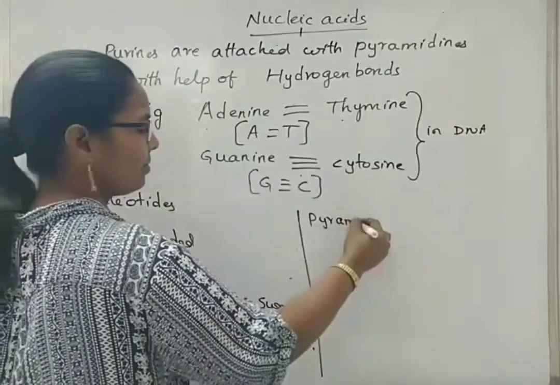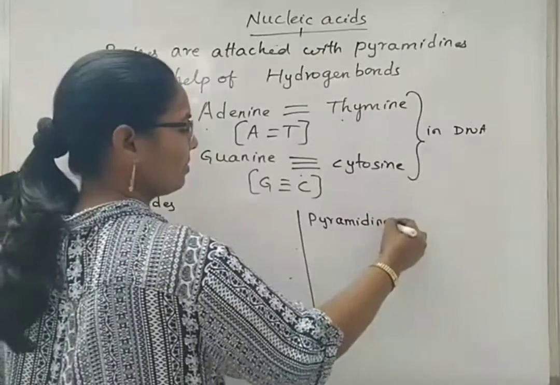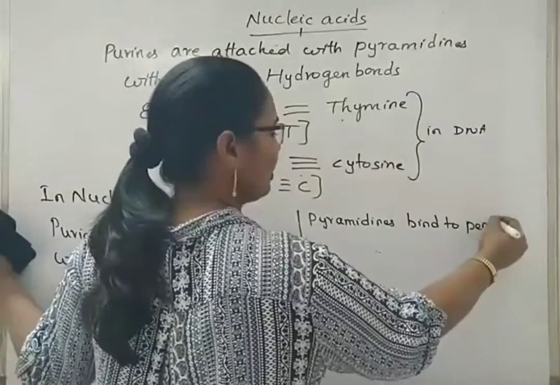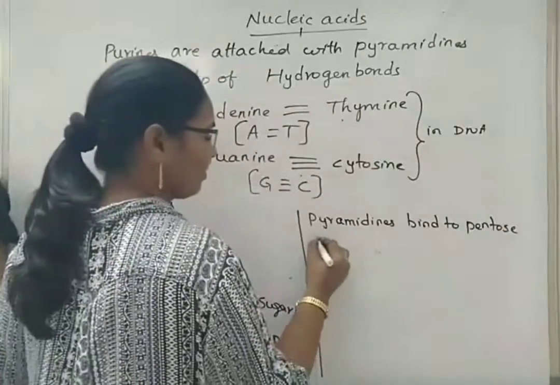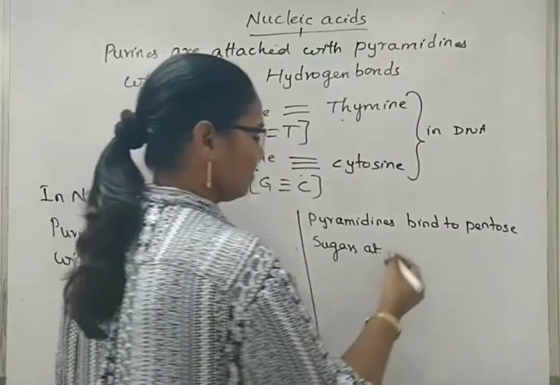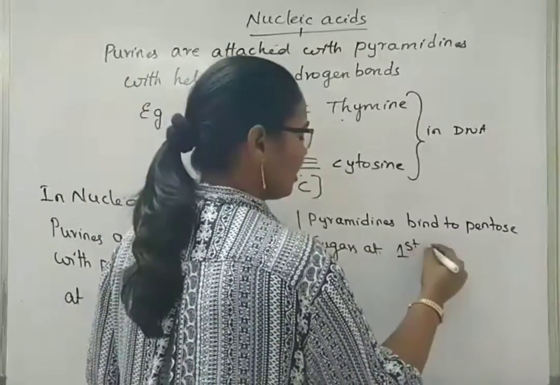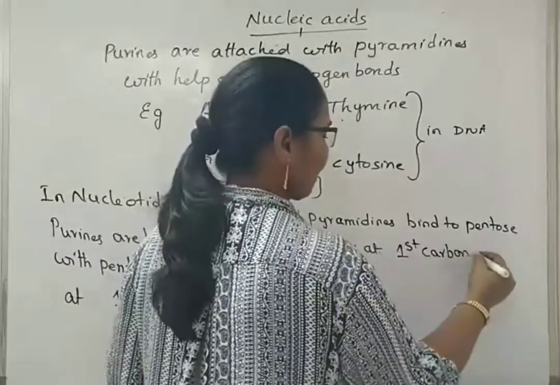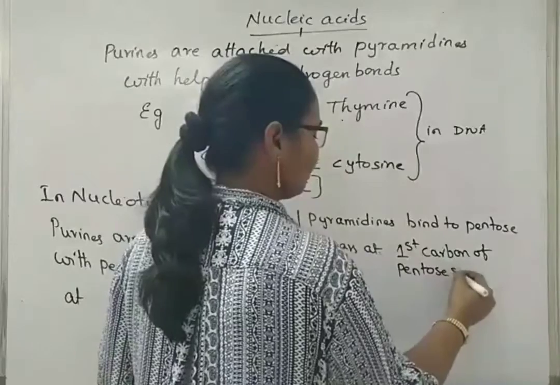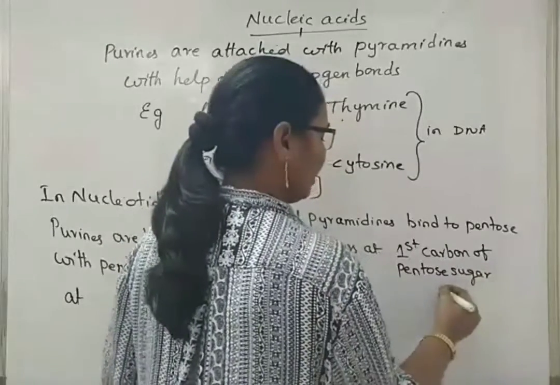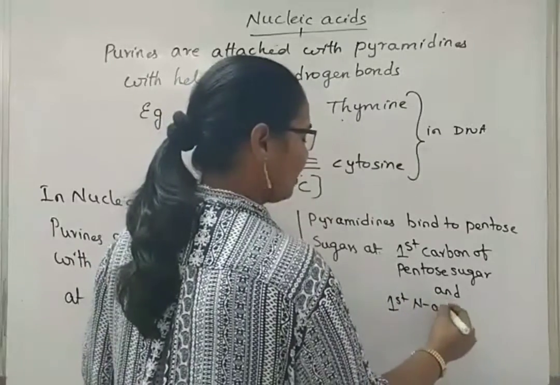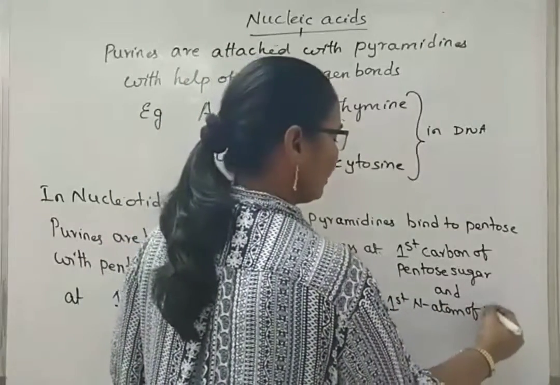Pyrimidines bind to pentose sugars at first carbon of pentose sugar and first nitrogen atom of the pyrimidine base.